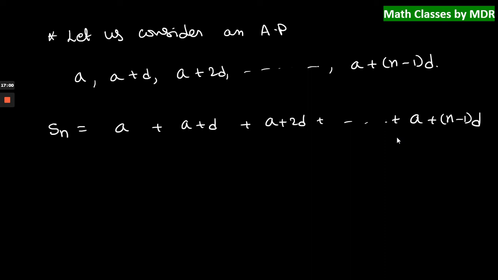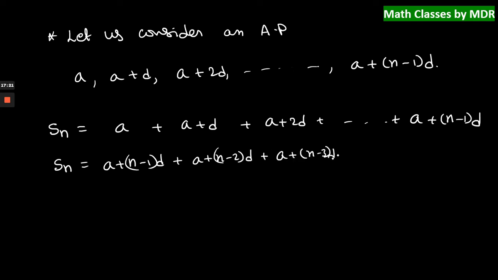So can we write all these terms in the reverse direction? The same sum of the n terms, we can write as a plus n minus 1 into d. And from the last to the second term, we get a plus n minus 2 into d, a plus n minus 3 into d, and so on.